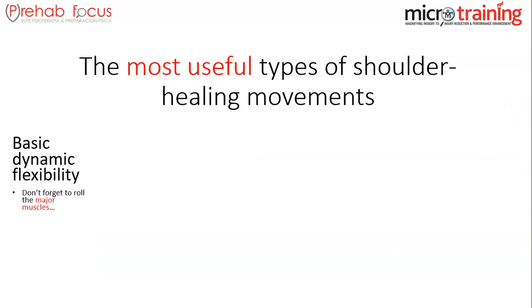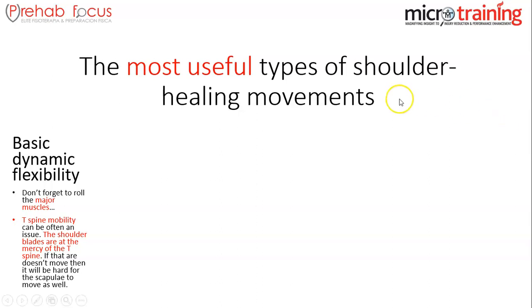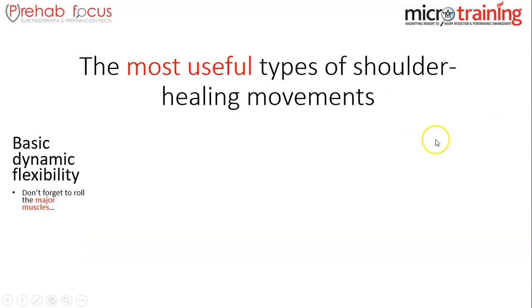Okay, let's talk about basic dynamic flexibility. So don't forget to roll the major muscles. This is the first and the most important thing. In order to relax the musculature a little bit, to reduce tone coming from the brain to the muscle, which can short-term increase flexibility.